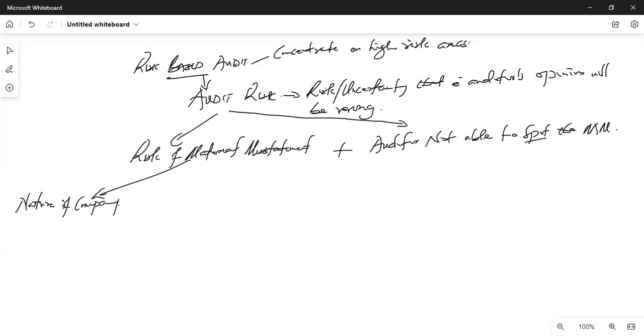Because of the way things are done in the company, it is very likely that there will be risk that the financial statement will be materially misstated, because of the nature. And this one, we call inherent risk.